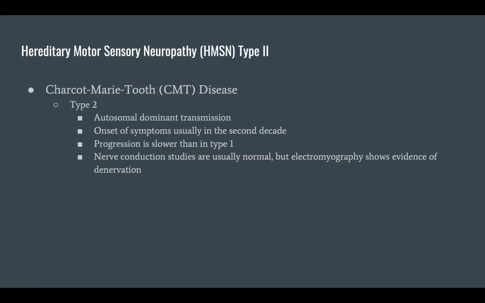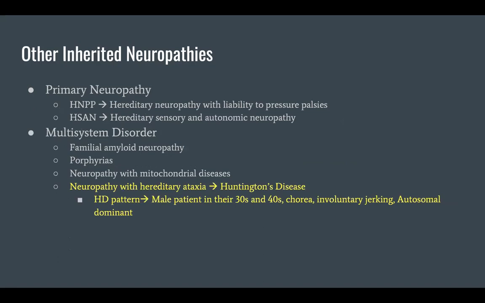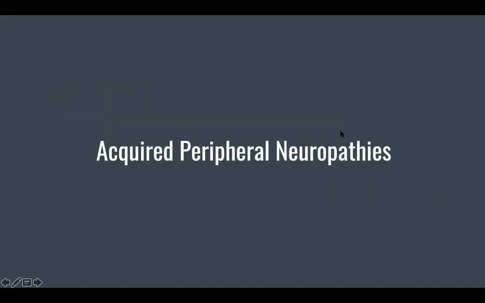And basically it's the same as type 1, just lesser. So other diseases would be multi-system disorders like Huntington's, with the chorea, involuntary jerking, ataxia, and remember it's autosomal dominant. Okay, acquired, which, remember, is everything else.